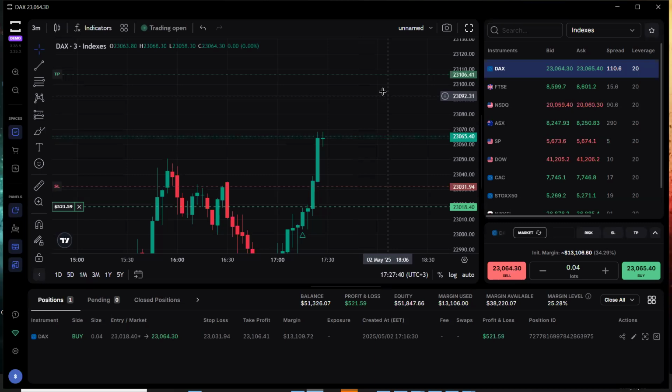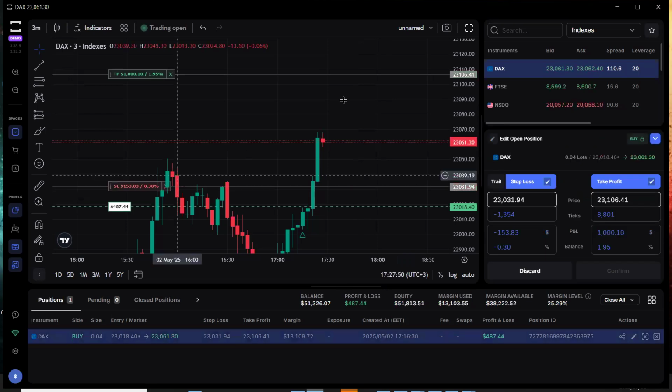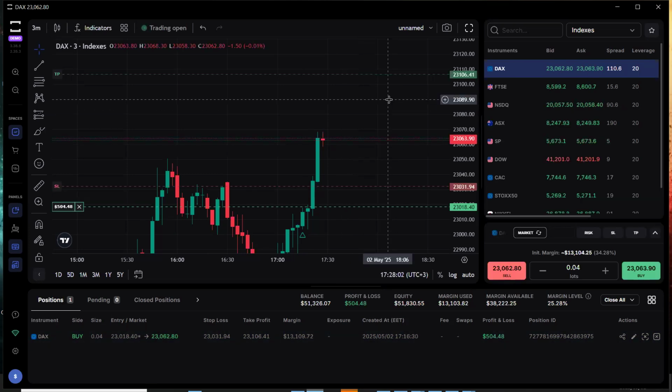Once we get into the 700s, it will be a successful trade. But if it takes us out on our trailing, we'll still be able to walk away with like 150, which is more or less break even. So I'll still be okay with that. I'm just going to continue.